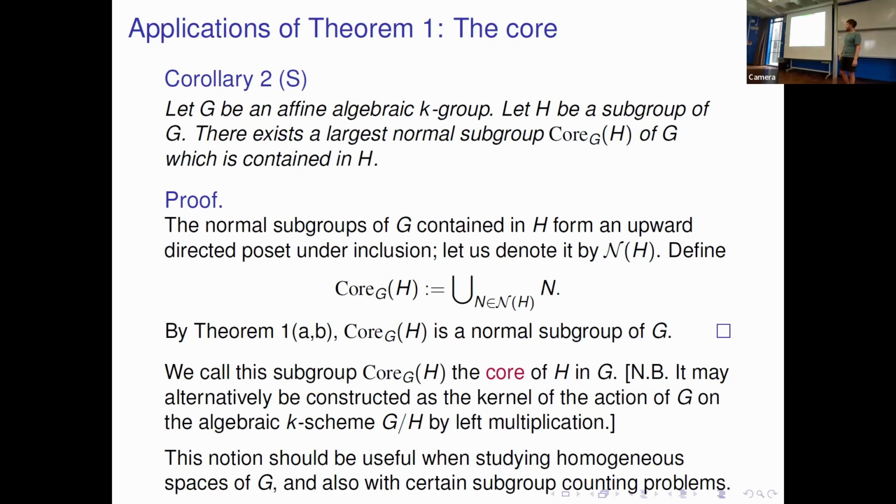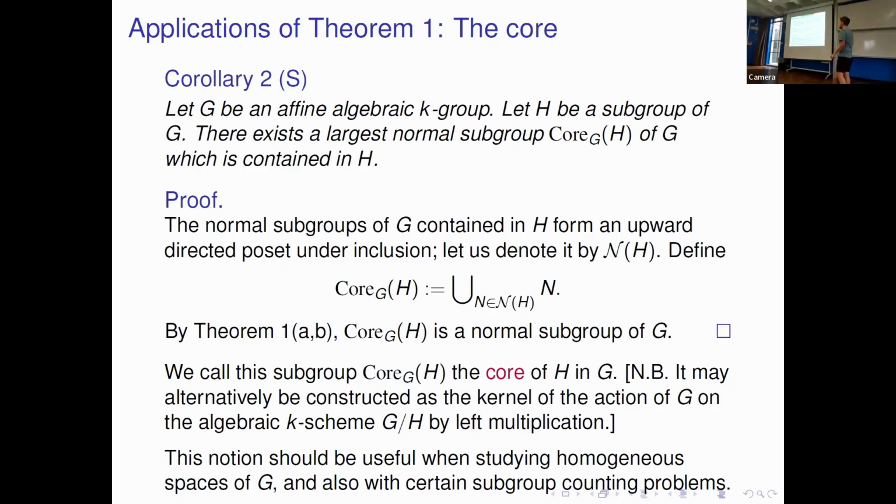By the technical theorem, part A, it's a subgroup, and by part B, it's normal. And by construction, it contains all such subgroups. When I use the word largest, I mean a subgroup which satisfies this property and contains all other subgroups which satisfy this property.